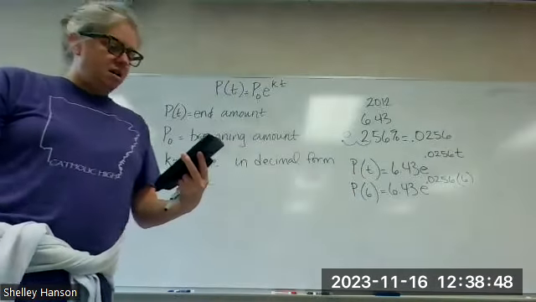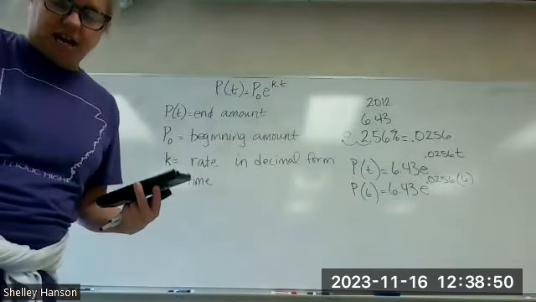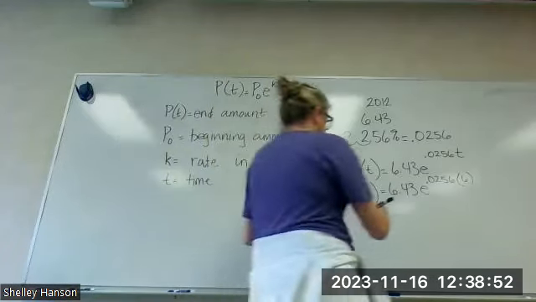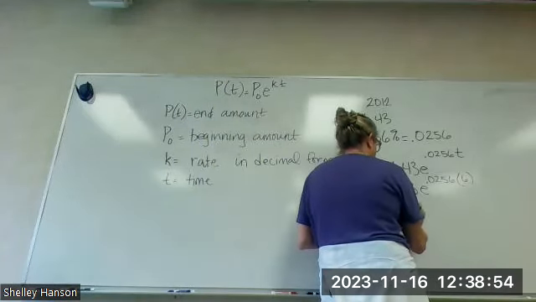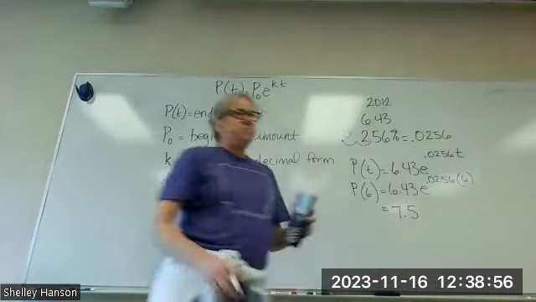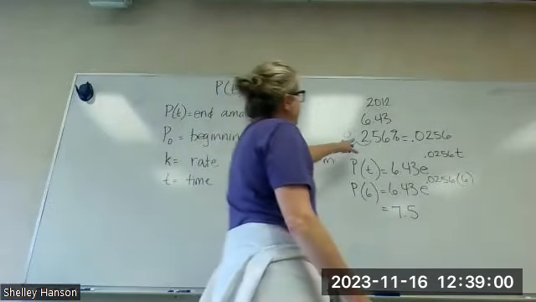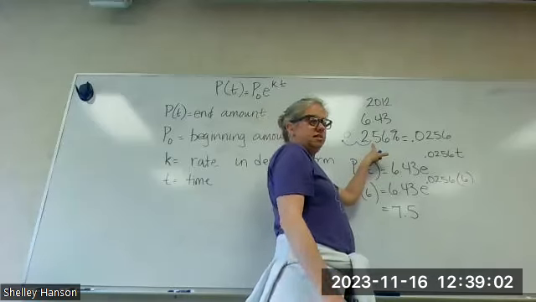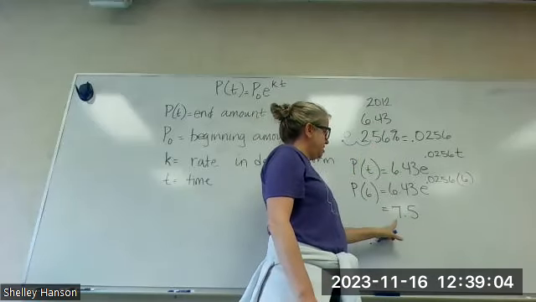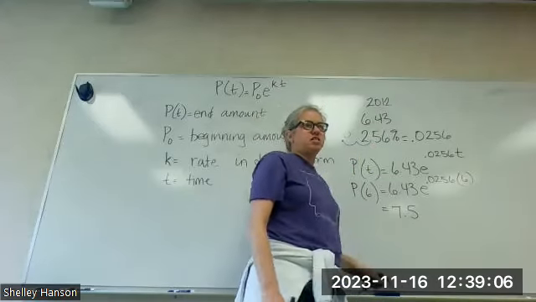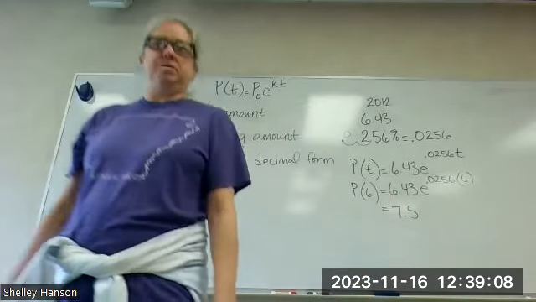So 7.49, which tells me 7.5. So it will be approximately 7.5 if it's growing at this rate. In 2018, you'll have approximately 7.5 million people.